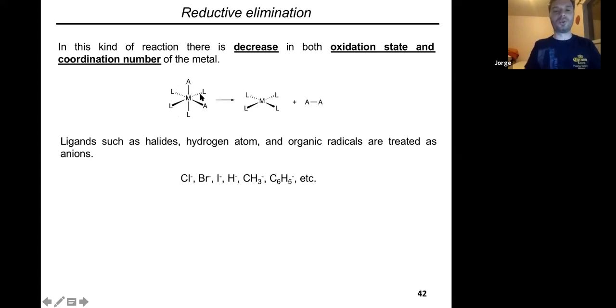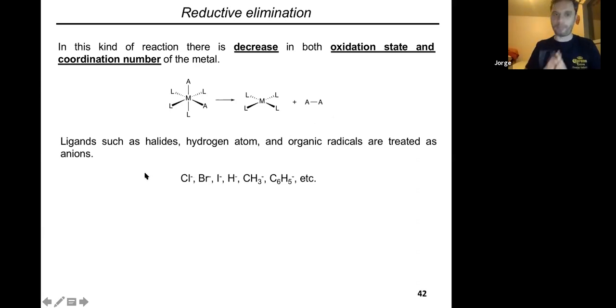These 2 A ligands, for special reasons, can be eliminated from the coordination sphere as A-A, and that gives us the complex ML4. Okay, so there is a decrease of the coordination number, here going from 6 to 4, and there must be a decrease in the oxidation state of the metal.